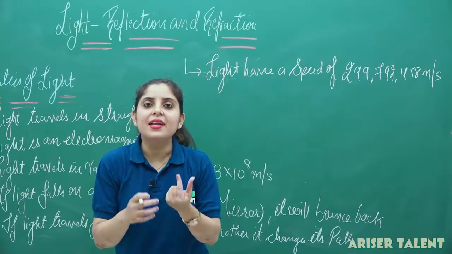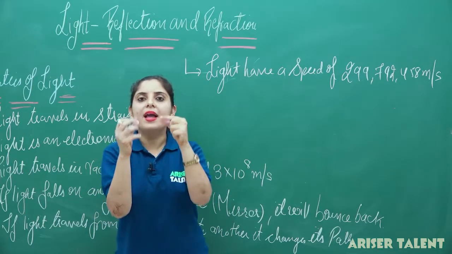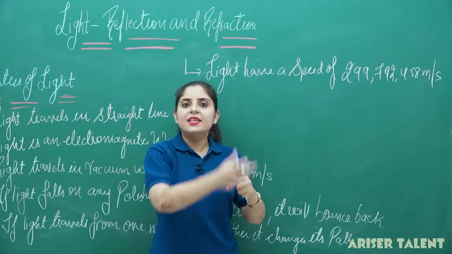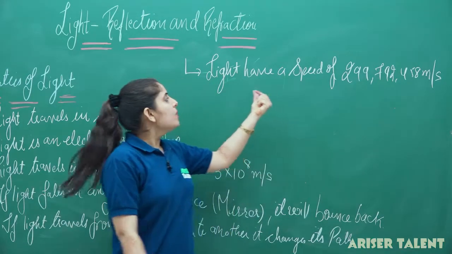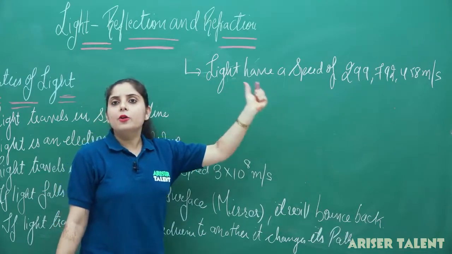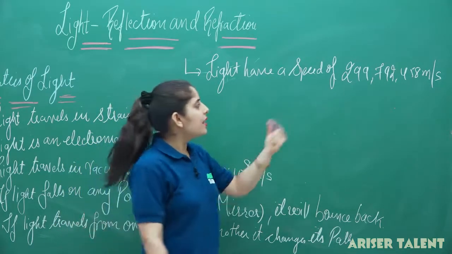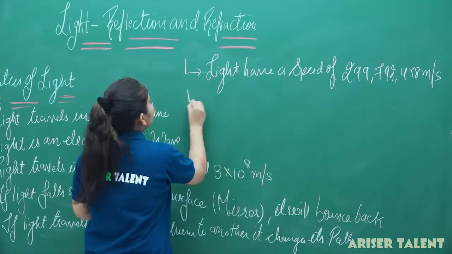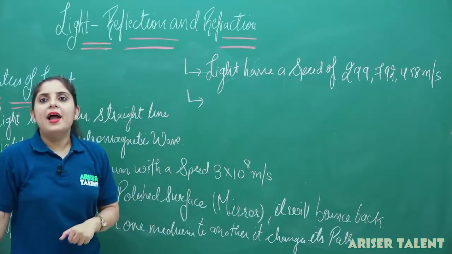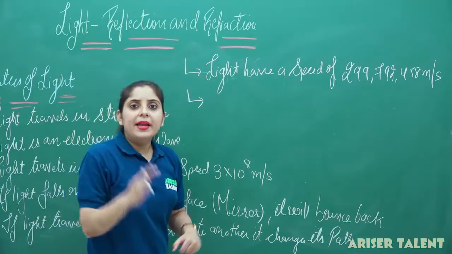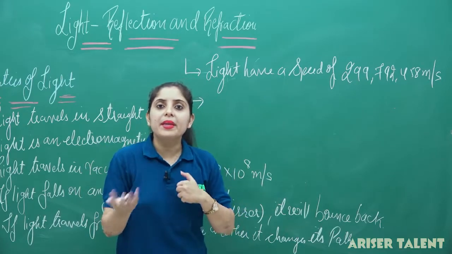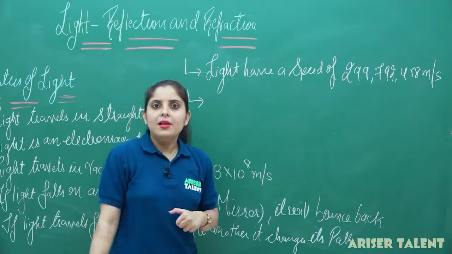The speed of light is such that it will take a very short span, in the blink of an eye, you can see that the light will travel. So, this is the speed of the light calculated according to the scientists, and this is its value. And scientists also concluded that no other object has been made till now which has a speed greater than the speed of the light.